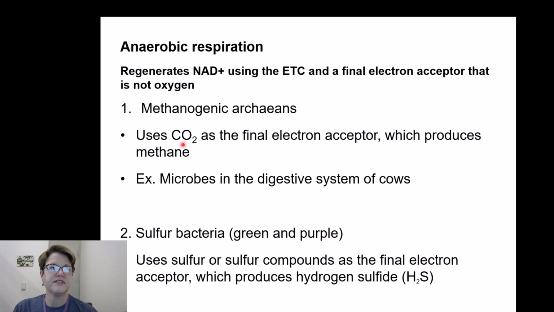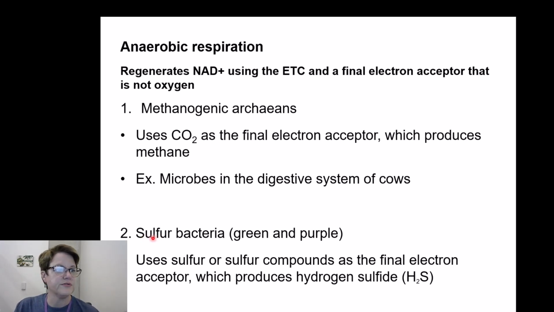So just a couple of examples. Methanogenic archaeans use carbon dioxide as their final electron acceptor, which makes methane as a product. And methane is released from cows, and it's actually kind of a pollutant, especially in areas where a lot of cows are raised, as it goes into the atmosphere.